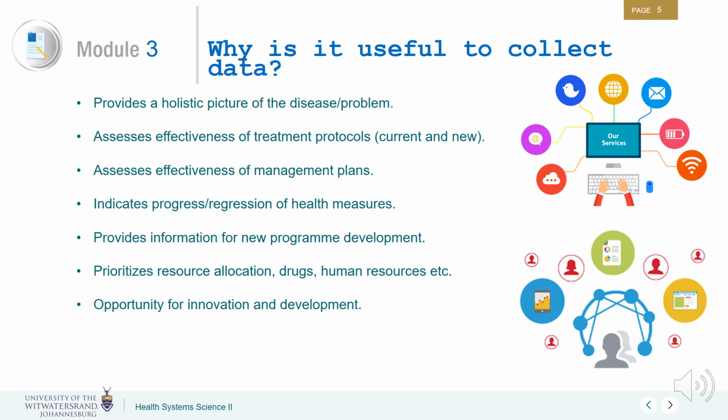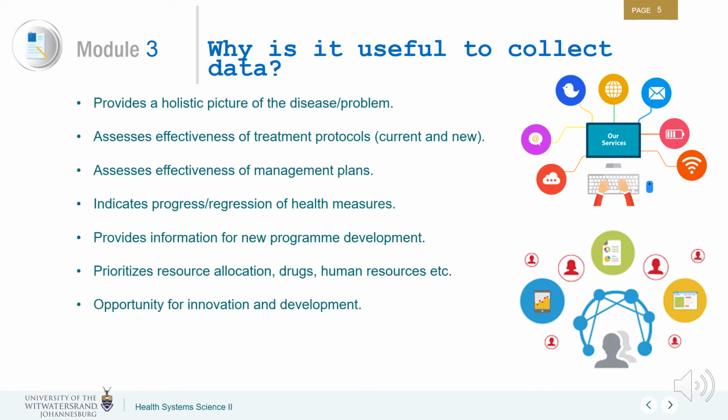So we might have different levels of training, different people that need to be involved, different types of medication that have to be procured. And by looking at these different data points, we can get a better picture of our management of the health system. It helps us to see whether we are making progress or whether there's any regression within health measures.